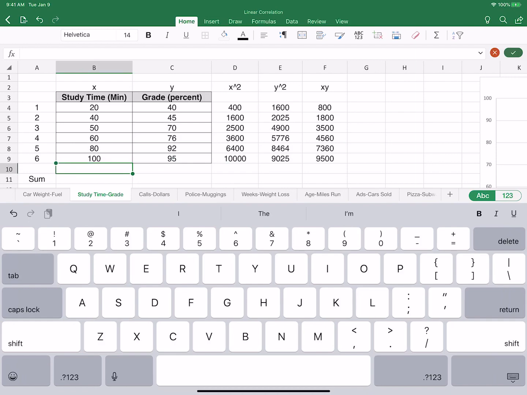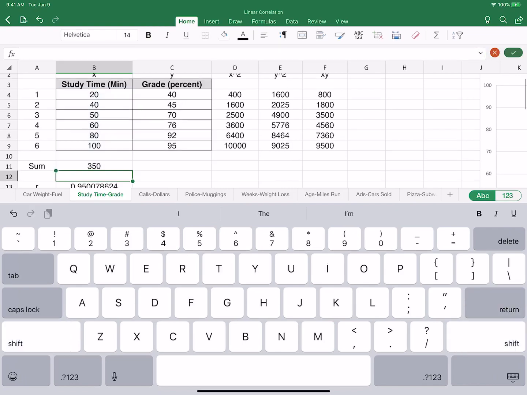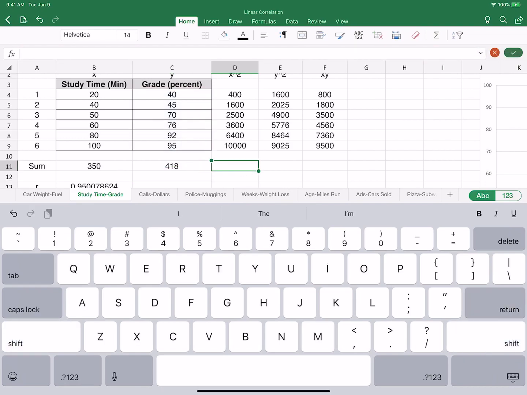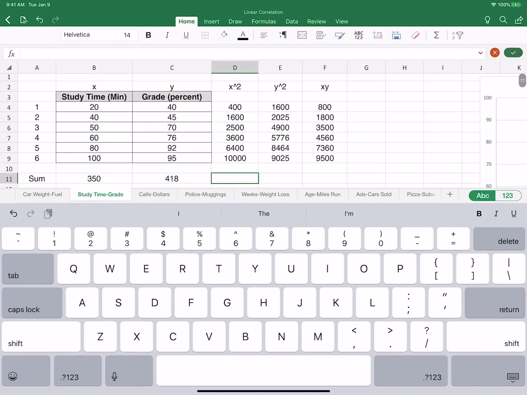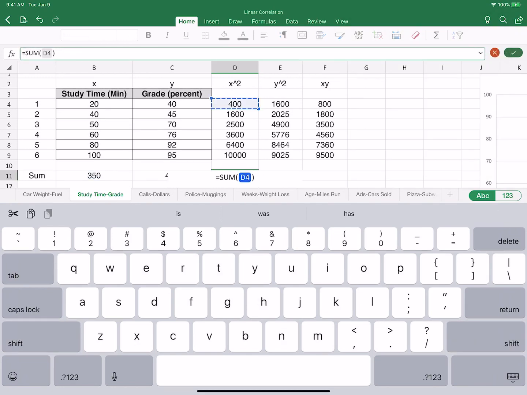Now, what do we do with all these? We have to add, right? Sum. We're adding, summation. Sum. Yes, we're adding those. Summation. Yes, we're adding those. Summation. Nope, we're adding these.